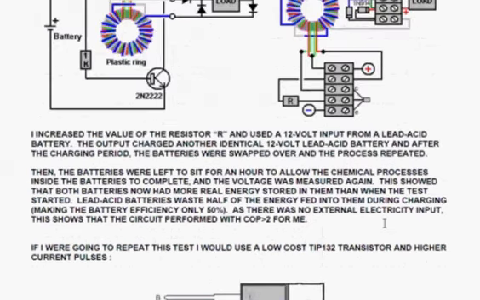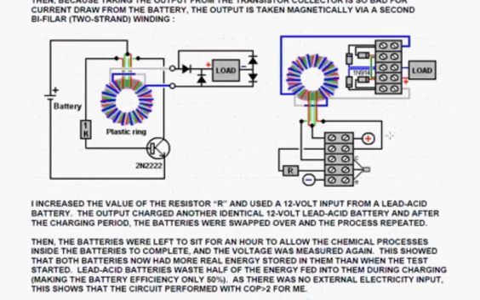But what I did was I put a 12-volt lead-acid battery as the output load. I used a small 12-volt lead-acid battery as the input, and no other connections anywhere. So we're talking about one battery charging one other battery.